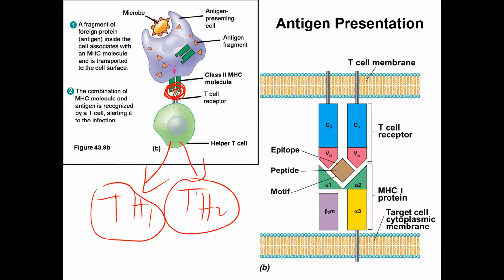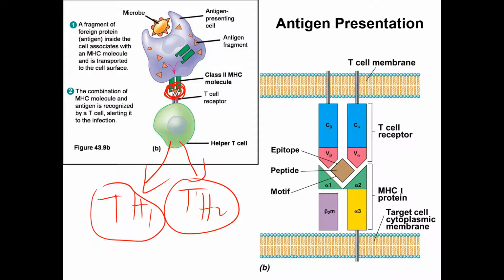Okay. Now you're also going to have an interaction between your cytotoxic T cells. Alright, so your cytotoxic T cells also have a T cell receptor. It has a constant region that's actually going to be inserted in the membrane of the T cell. And then you have this variable region which attaches to your antigen, to the epitope on your antigen.